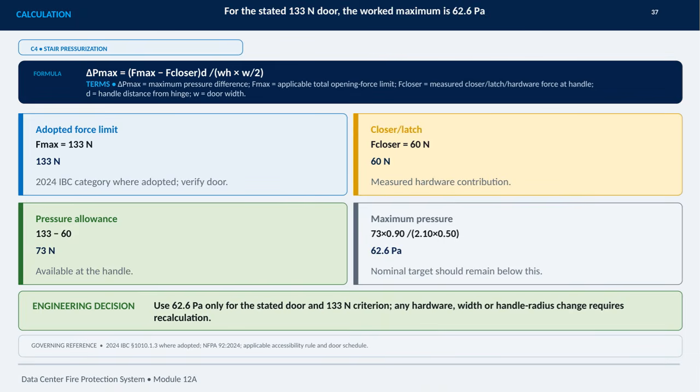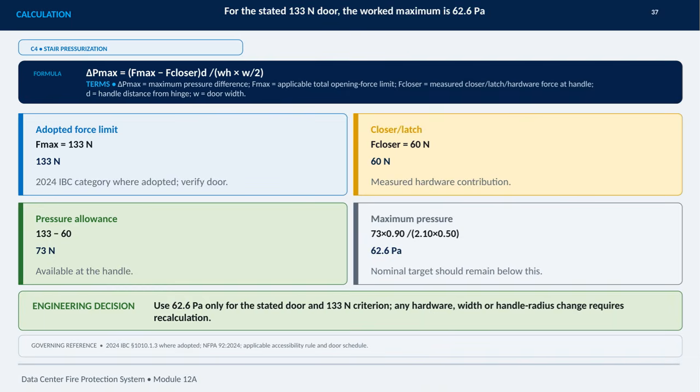Using the shown dimensions, a 0.90 meter handle distance, a 2.10 meter door width, and a 0.50 meter lever arm factor, the calculation is 73 times 0.90 divided by 2.10 times 0.50. The result is 62.6 pascals, which is the maximum pressure difference for this specific door and criterion.